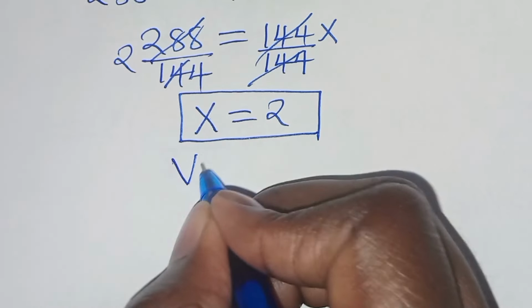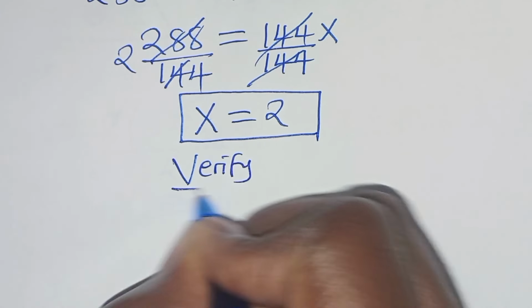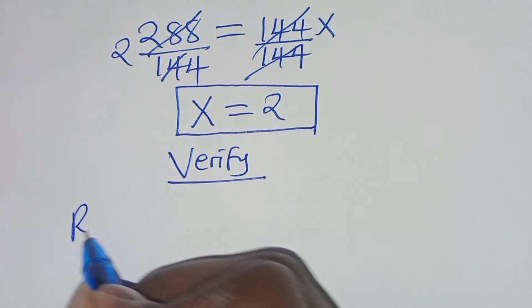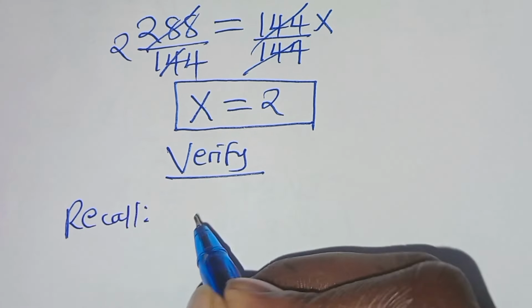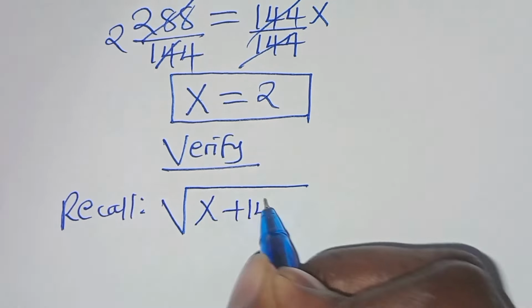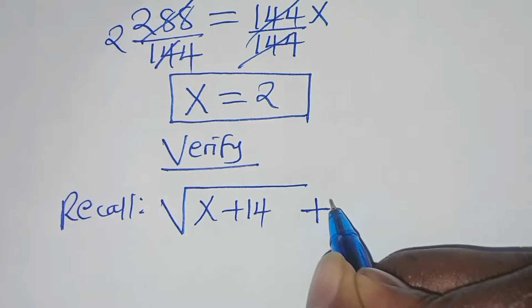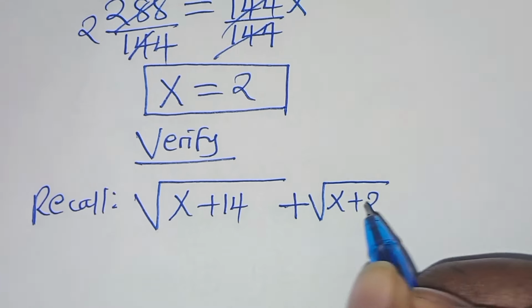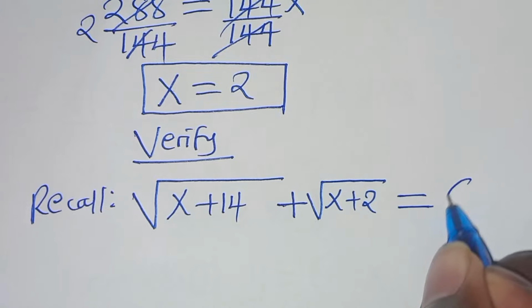So let's verify that this value of x satisfies the equation. Now, if you recall, we have square root of x plus 14 plus square root of x plus 2. This is supposed to give us a value of 6.